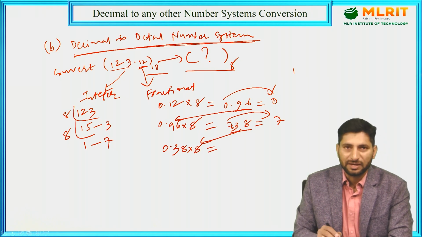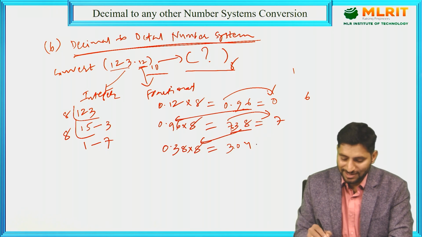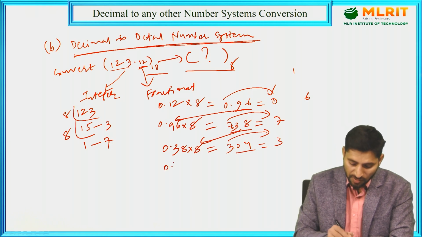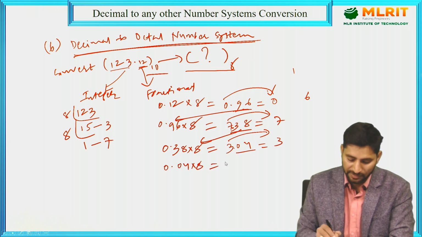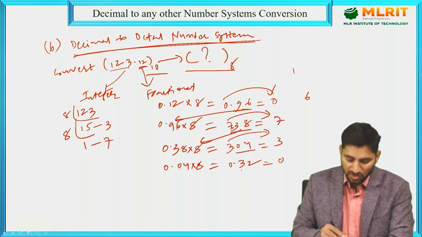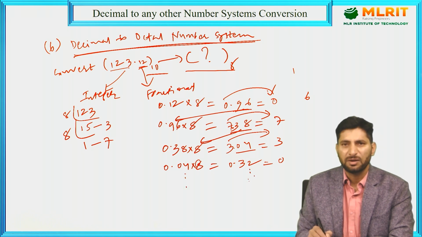Again you multiply 0.38 with 8. So we got 3.04. So you again copy this 3 here and this 0.04 you copy it here. I hope this is also a never ending process. So continue for as many samples as you want.